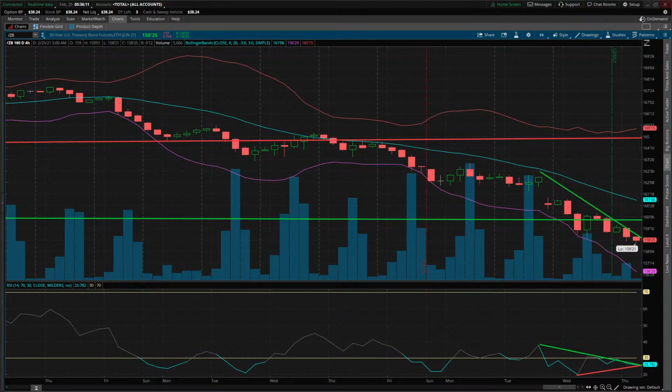But the question people need to ask themselves, if Powell's got things under control and the market was selling off because of rising yields, well, frankly, folks, ever since Powell spoke, both Wednesday and Thursday, yields have only gone higher.